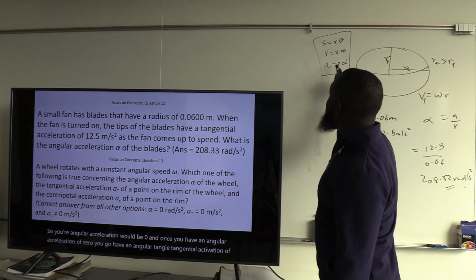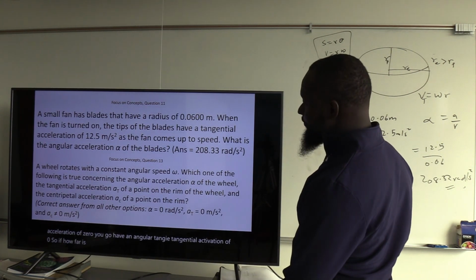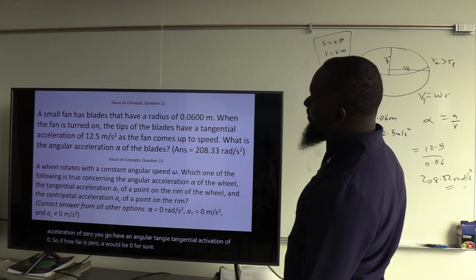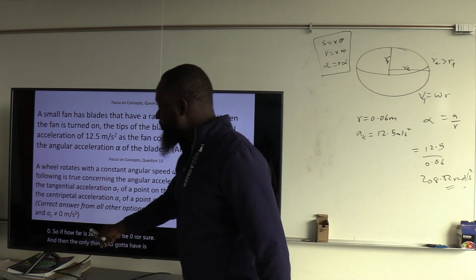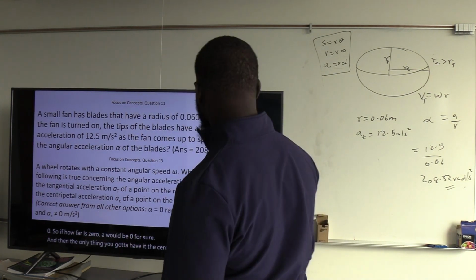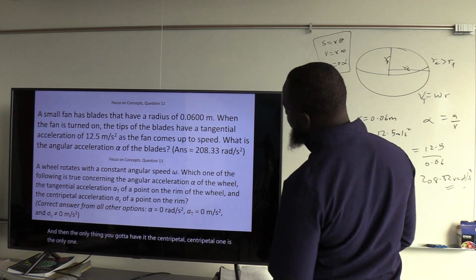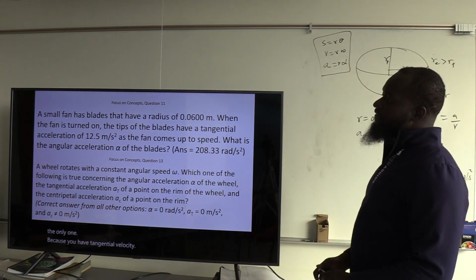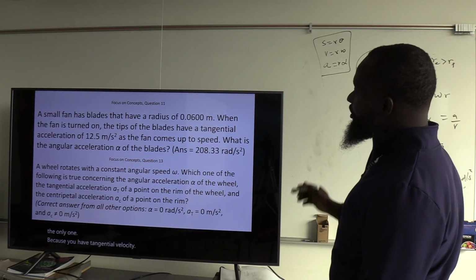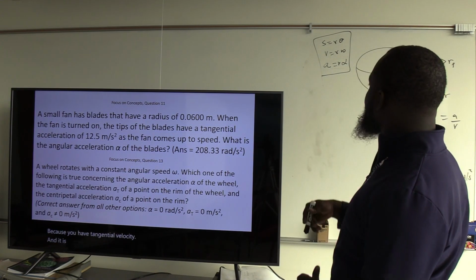So if alpha is 0, A tangential will be 0 for sure. And then the only thing you're going to have is the centripetal one. The centripetal acceleration is the only one that will not be 0, because you have tangential velocity. Is that okay? It is the changing tangential velocity that gives the centripetal acceleration.